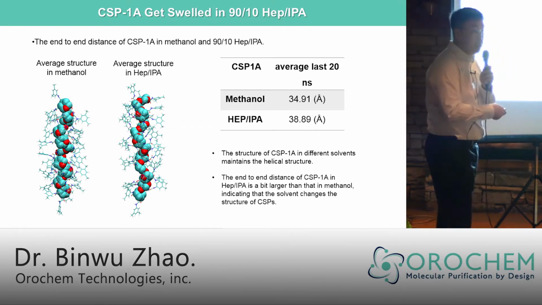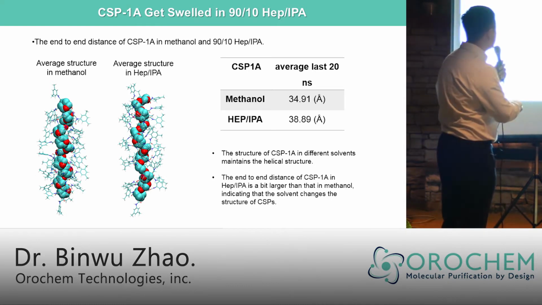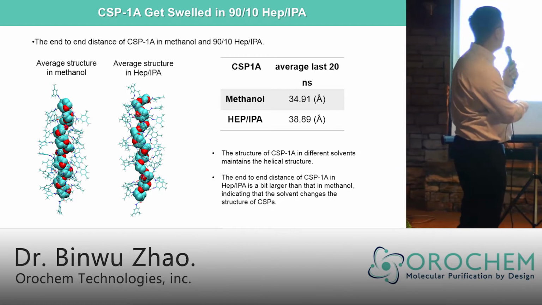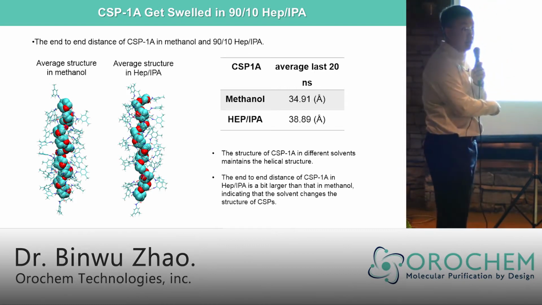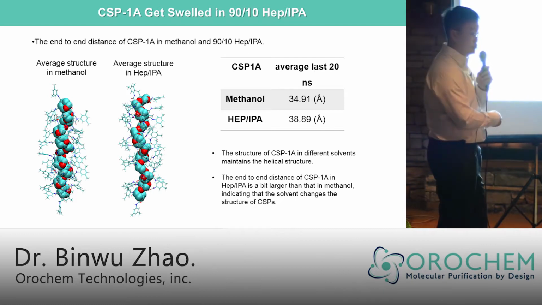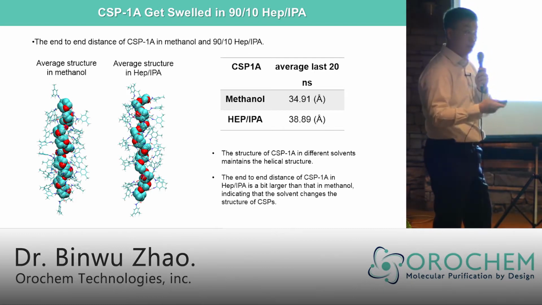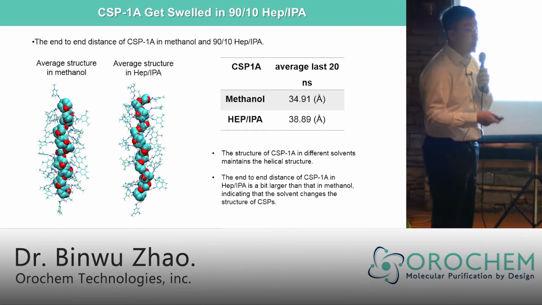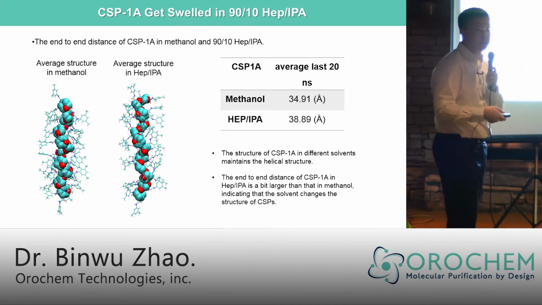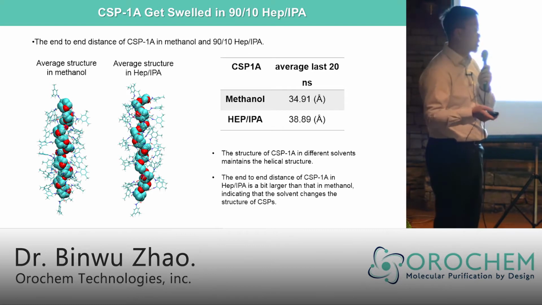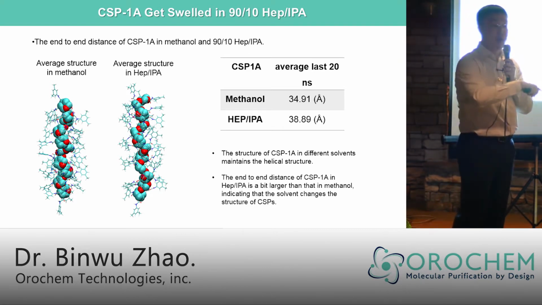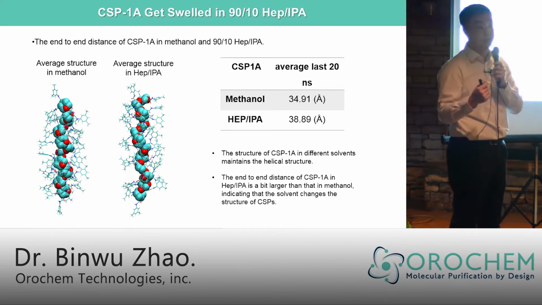So the first thing that we will notice here on these figures, we have the CSP structures, and the backbones are in these huge beads. They all have the left-handed helical structure, which agrees well with the experimental NMR study. And we also look at the end-to-end distance of each of these CSP molecules to see if the polymer gets swelled or not when you're changing from one mobile phase to another.